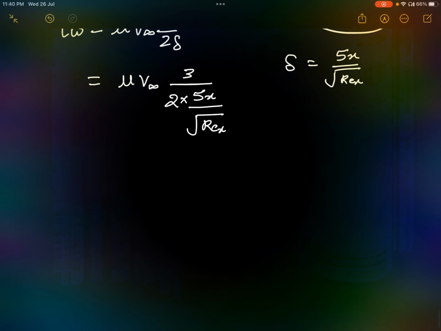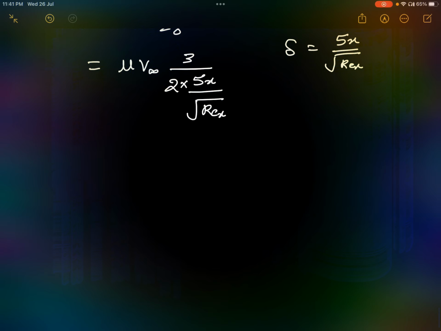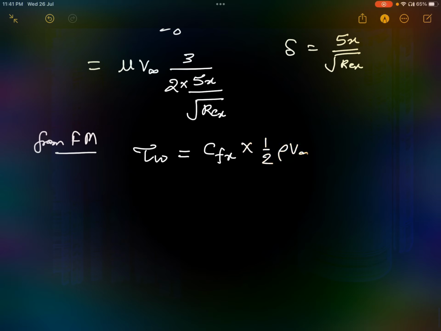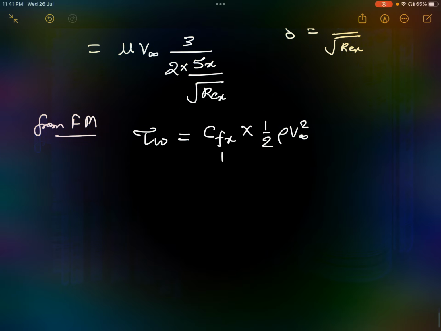So if we want to find out the wall shear stress from the concept of fluid mechanics, the local shear stress tau wall can be written as Cfx, the local skin friction coefficient, into half rho V infinity square. Here Cfx is the local skin friction coefficient or local drag coefficient.